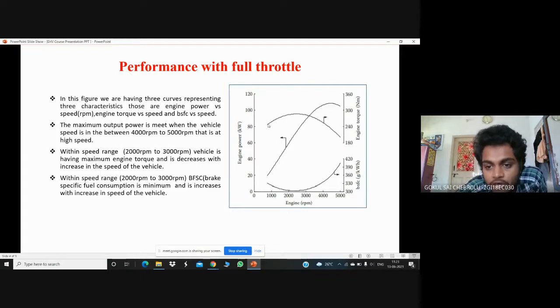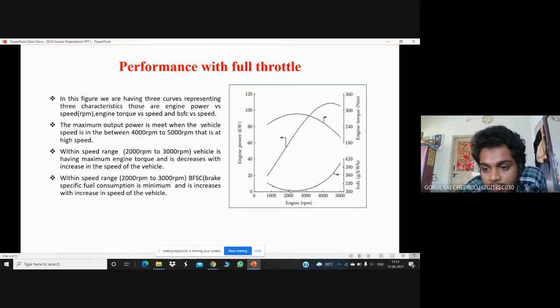Initially the engine torque is high, and as we increase the speed, the torque reduces. The torque is maximum in the range of 2000 to 3000 RPM, and as we increase the speed, the torque reduces.